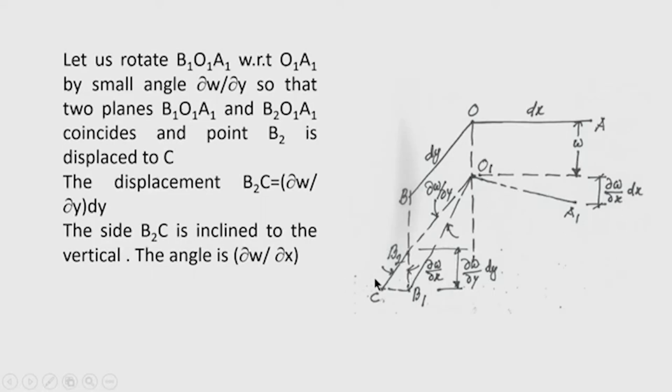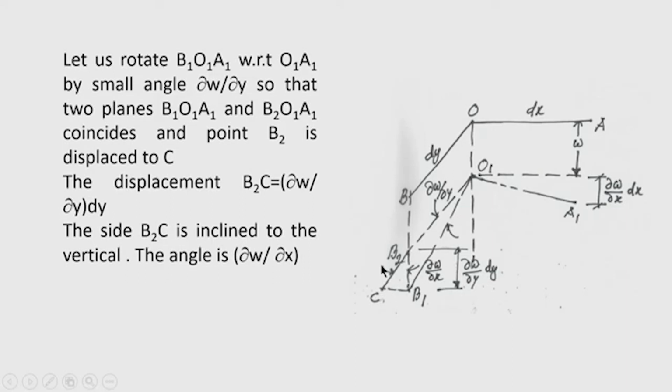For small deflection, the length of the vertical side is approximately equal to the length of the inclined side B2 C. So, B1 C can be easily calculated knowing the vertical side B1 B2 and the angle between the vertical side and the inclined side.